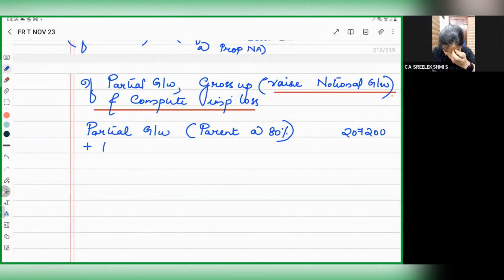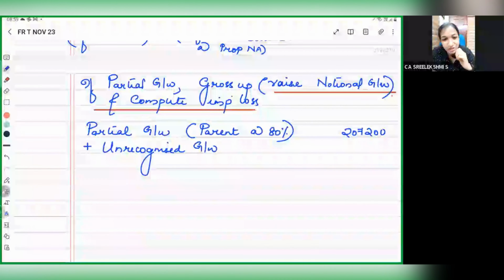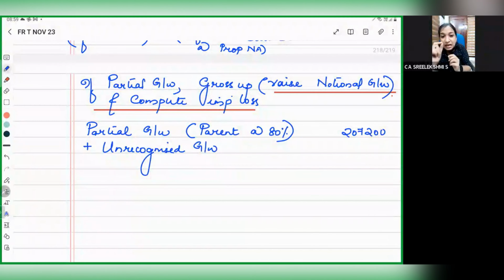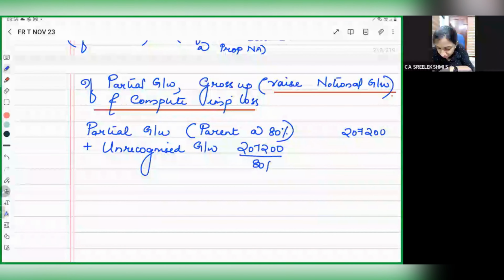Therefore, add unrecognized goodwill. How much is the unrecognized goodwill? We are doing this for the purpose of computing impairment loss. 2,07,200 is the goodwill of the parent alone, the partial goodwill.